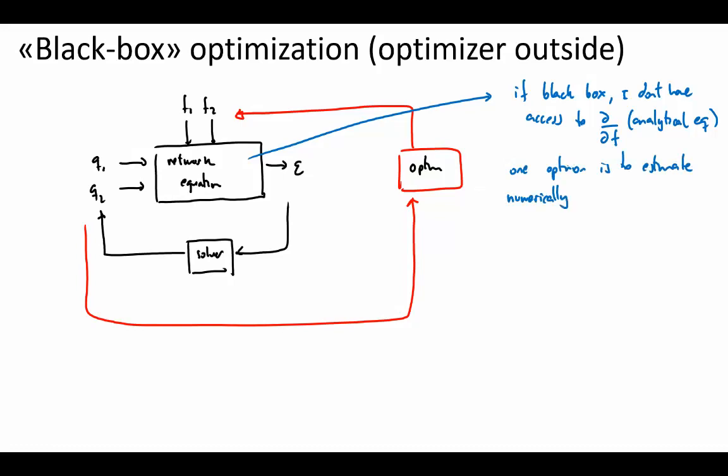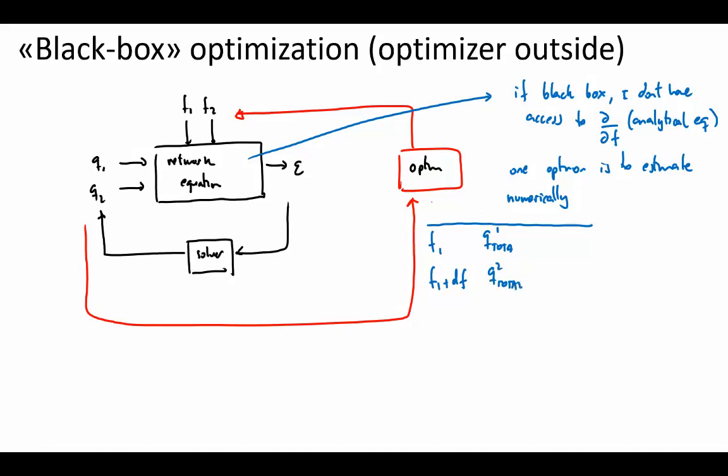So I evaluate Q total for F1. Then I do F1 plus delta F, right? And I calculate, let's call this one Q total 2, and the first one Q total 1.